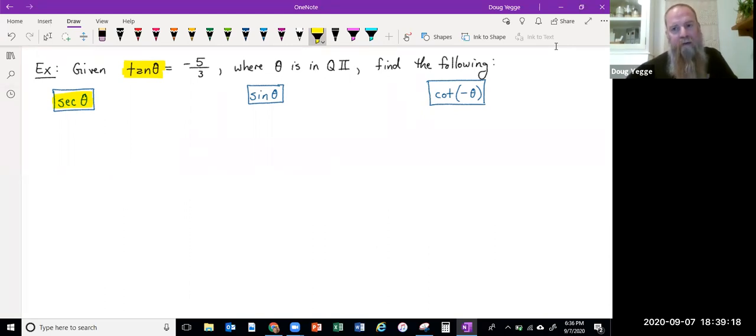Sometimes there's not a direct link between the two quantities, and so we might have to do some intermediate steps. But in this particular case, we should recognize that secant and tangent show up in one of our Pythagorean identities. I know that there's an identity that says secant squared theta minus tangent squared theta is equal to 1.